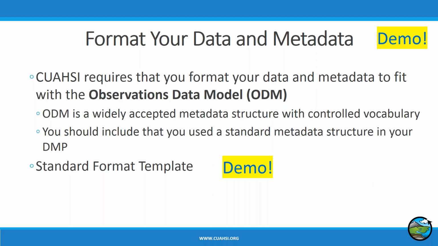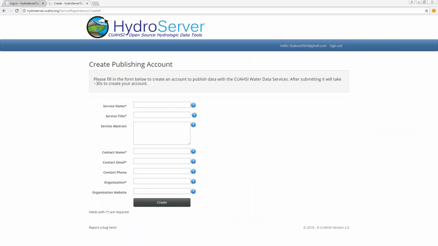But if you have just standard time series data, say temperature data or discharge data, the standard format template is really just fine. All right, so let me give you a view of what that format looks like.